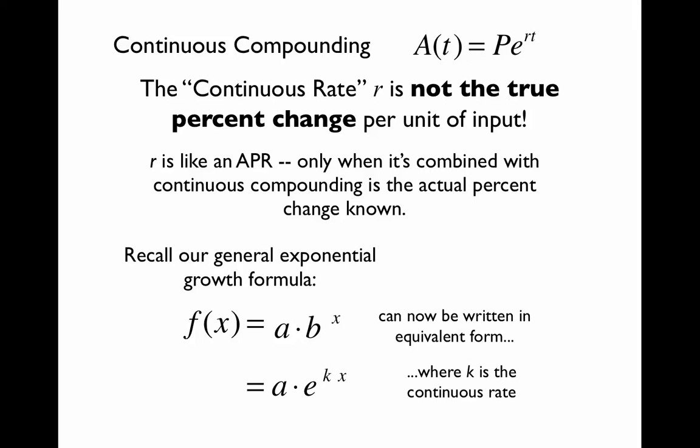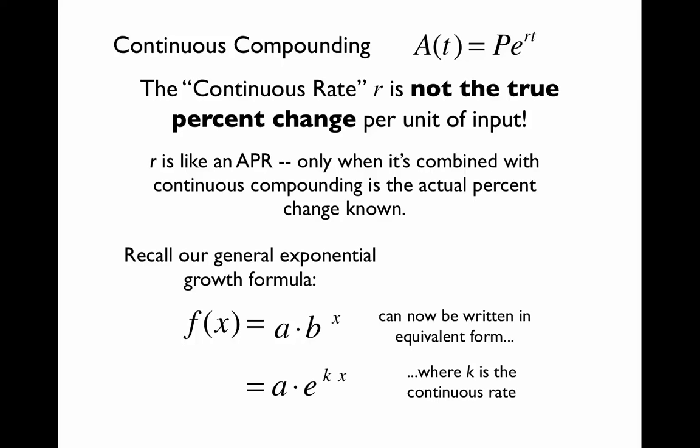k is called the continuous rate. Will k be the true rate of increase for 1 unit of x? No, because it's like APR. It's like that r value. It's the same conversation we had up there. So this k is called the continuous rate. It does not give the true percent change per unit of x. Are you hearing me? Yes.